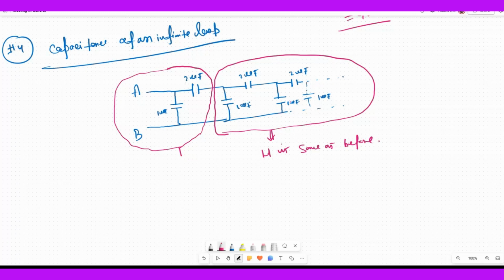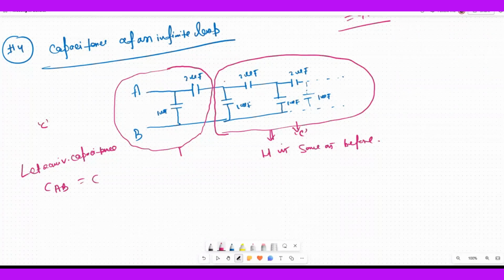Now, the original circuit has capacitance C only. So this one also has capacitance C. If we remove this part, then also the equivalent capacitance will remain the same. So you start this manner: let the equivalent capacitance CAB equal C only.